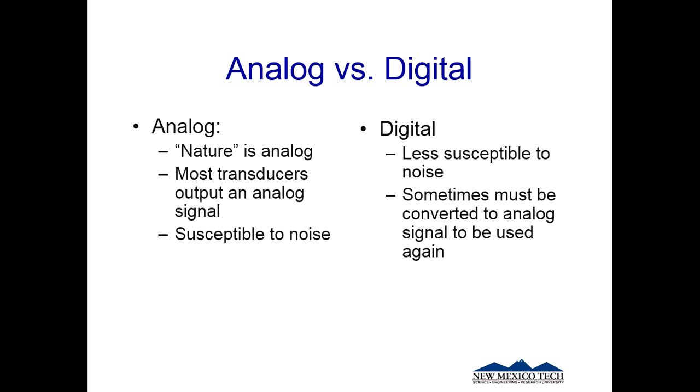So the room starts heating up. You know that if that room goes from 70 to 76, it's going to go through every single temperature. It's not just going to step jump from 70 to 76. It's going to go through 71. It's going to go through 72.00842. It's going to go through all of those values. It's a continuous signal. It's going to have every possible value between those 2 points.